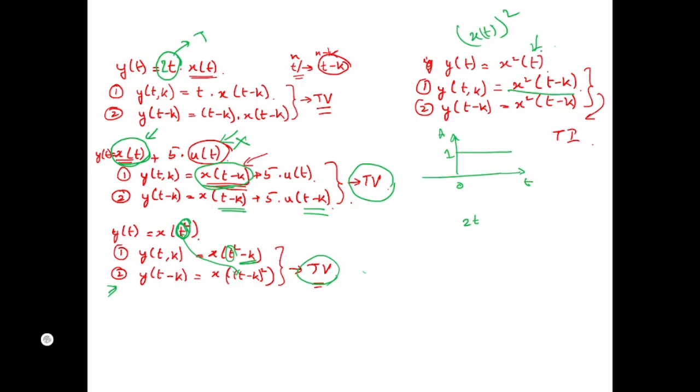Now when you want to replace t with t minus k, again this will become x of t minus k whole square, that means x square t minus k. So 1 and 2 both are equal, and hence this system is a time invariant system.